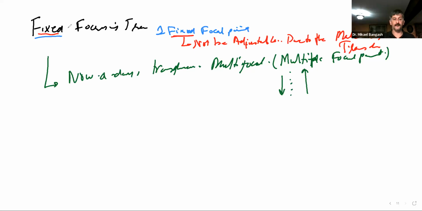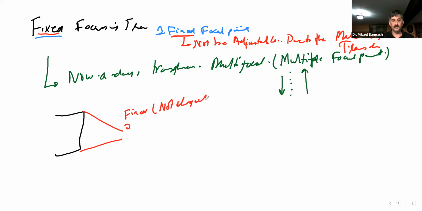Where we say a fixed focus transducer, that mainly means we had a transducer that was going to focus at a fixed focal point, which, when you say not fixed, means it is not changeable.